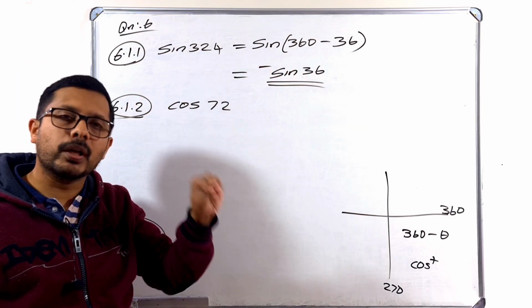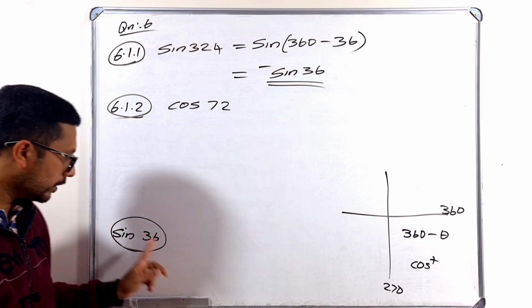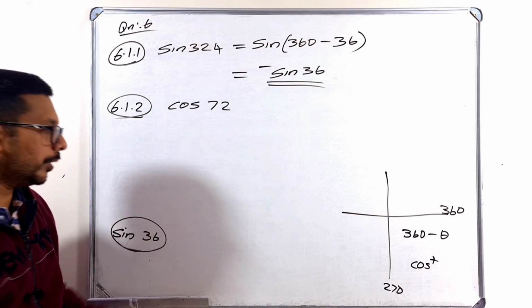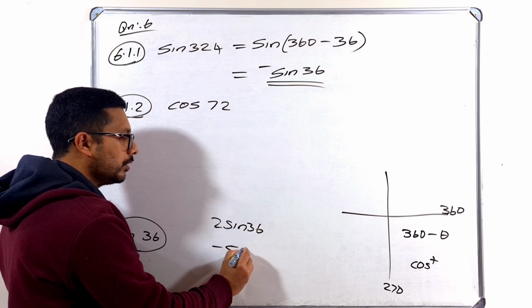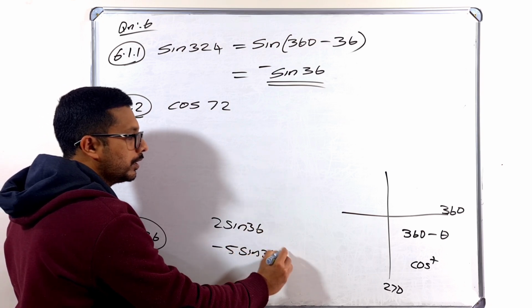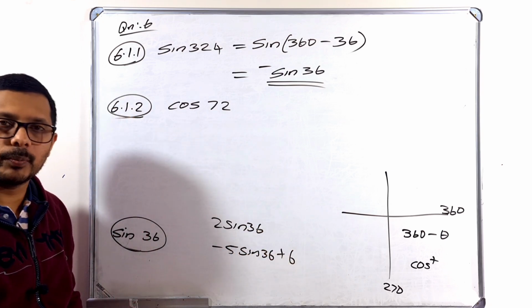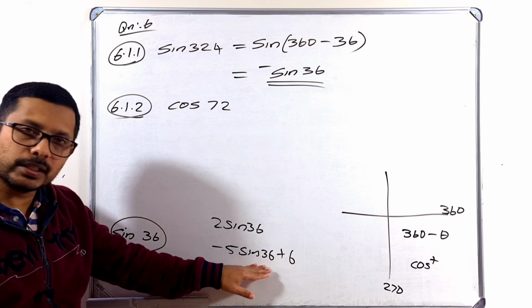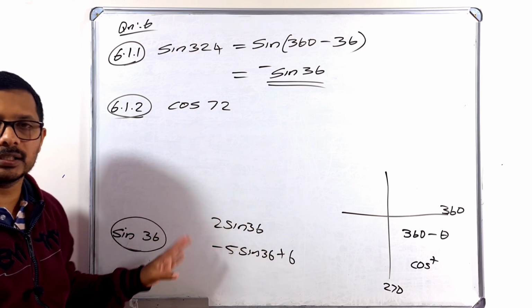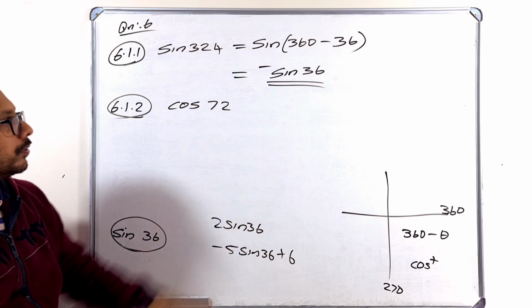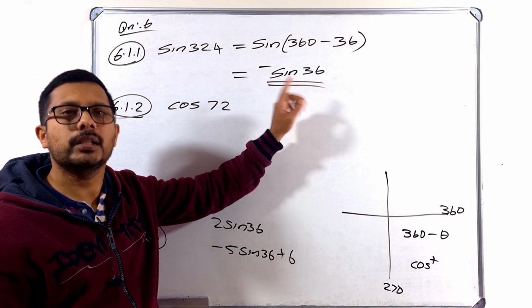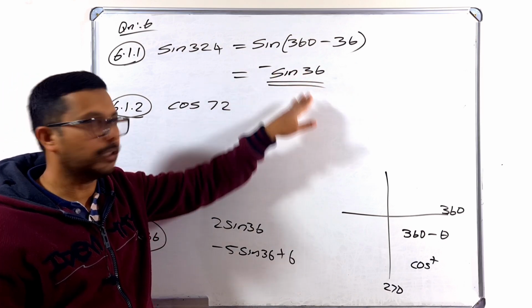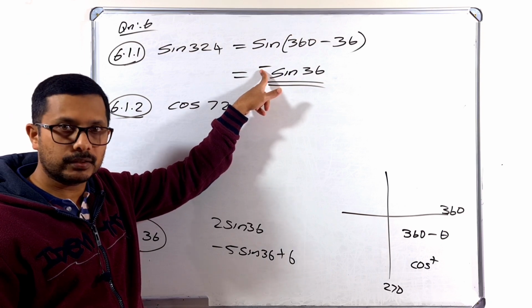No. In your answer there must be a sine 36. Maybe it can be 2 sine 36 or minus 5 sine 36 plus 6, whatever, doesn't matter. But that sine 36 must be there in your answer. That is the meaning of that question. So that is why here we can write minus sine 36. Is sine 36 there? Yes, there is sine 36. Doesn't matter this minus.